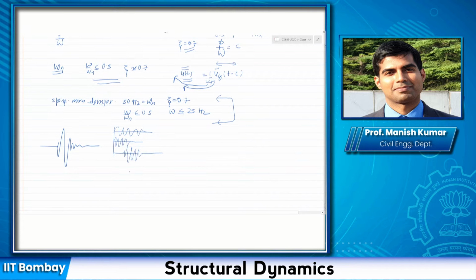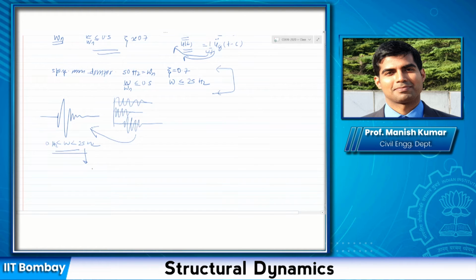When you add them, you might be able to obtain this. This one has frequency varying between a small frequency, let us say 0.1 Hertz, to a very high frequency, let us say 25. If I want to measure this, I need at least an accelerometer whose natural frequency is 2 times the excitation frequency. That would be 50 Hertz.